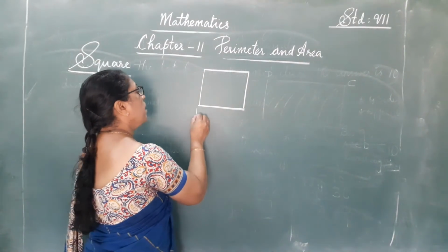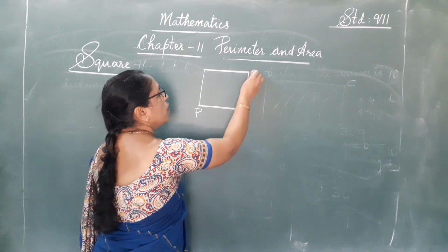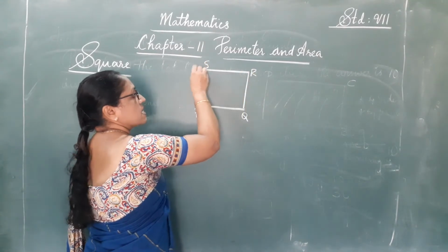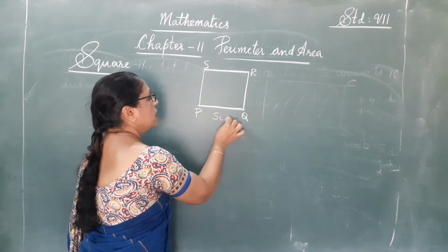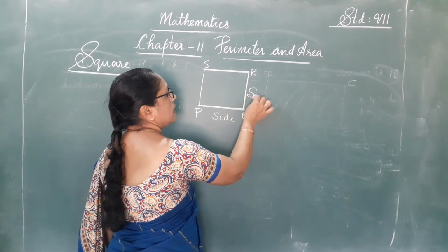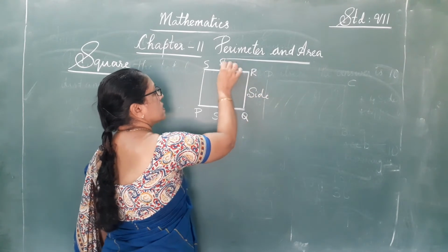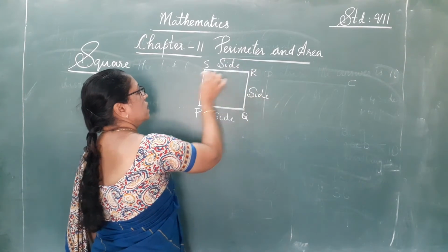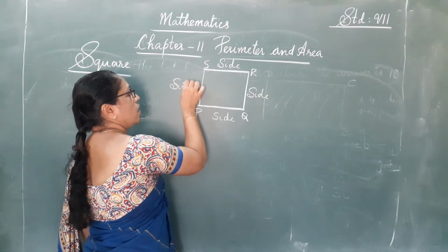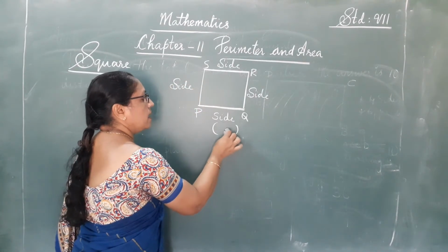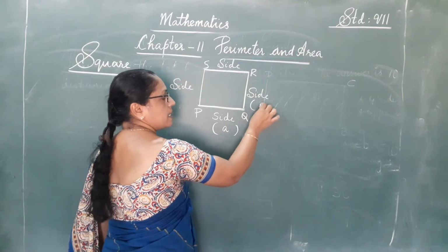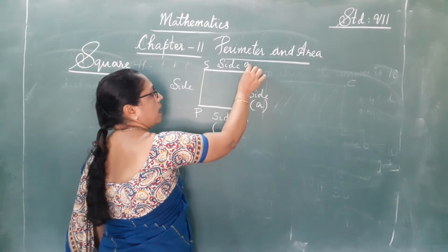So we can name it P, Q, R, S. All sides are equal. If you want, you can give the side a letter also, A. We can take a variable A.